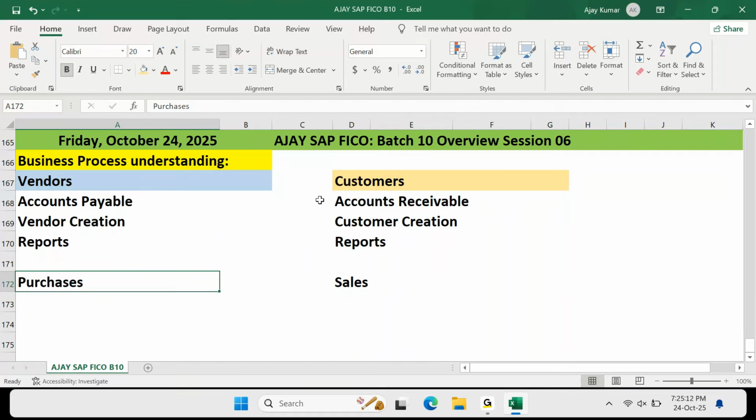Yes, sir. A company will be purchasing material, services, some kind of consumables, and also fixed assets. You'll have to categorize what all a company is purchasing, first point.